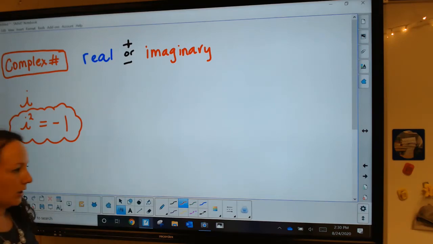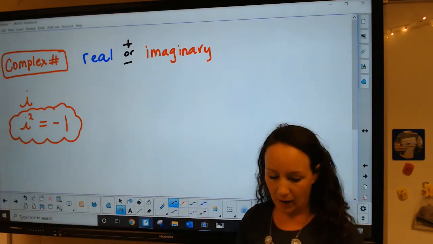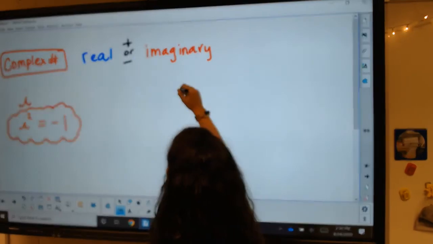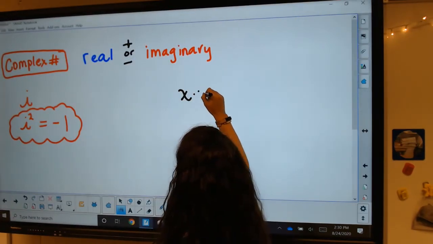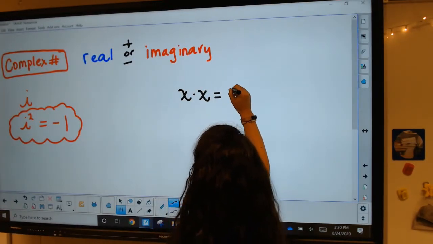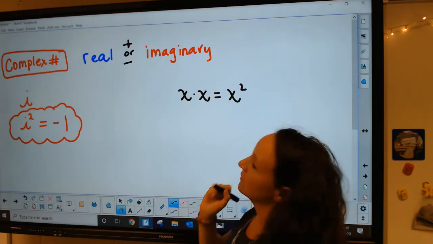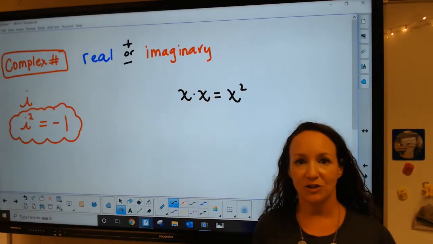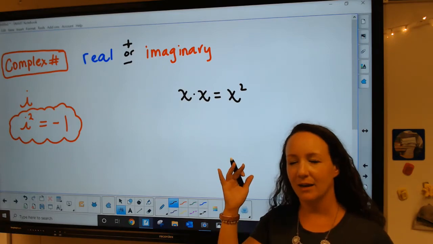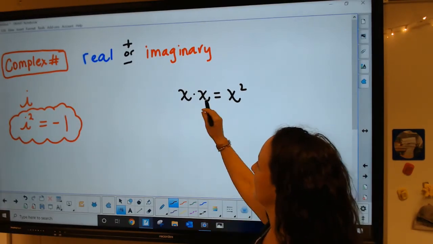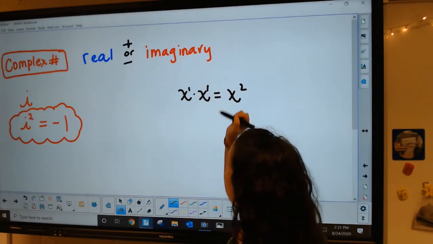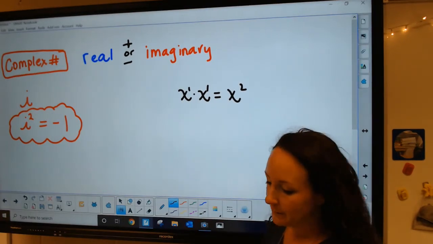So I kind of want to talk about that for just a minute and like where that comes from. So what we just saw, x times x is x squared. We just saw that. What's happening is you have the same variable, so you're kind of adding the exponents on top.